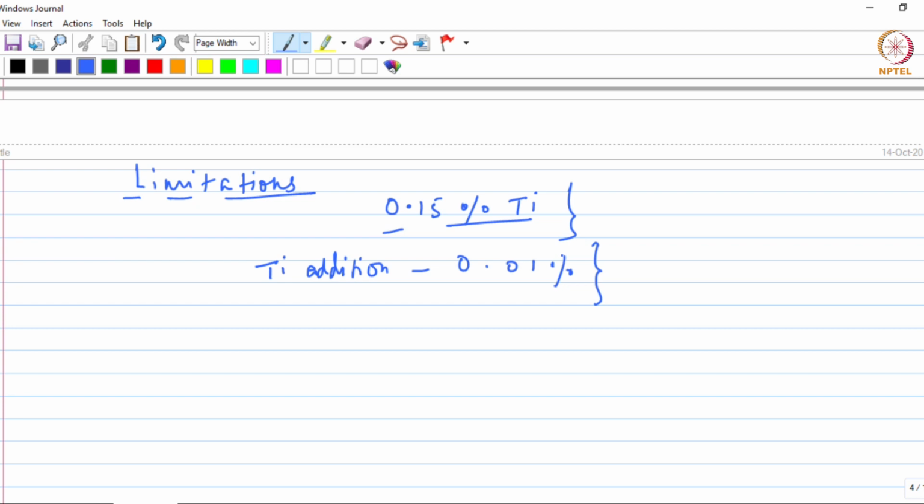But still people say it can occur, and some research has suggested that boron can actually influence the peritectic reaction and it can cause a shift in the peritectic composition.